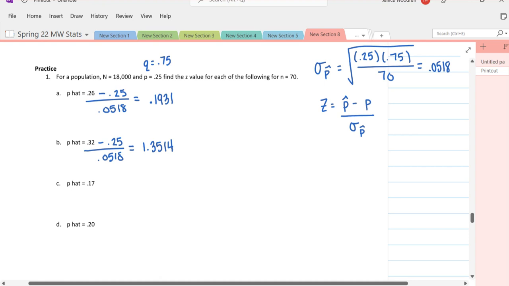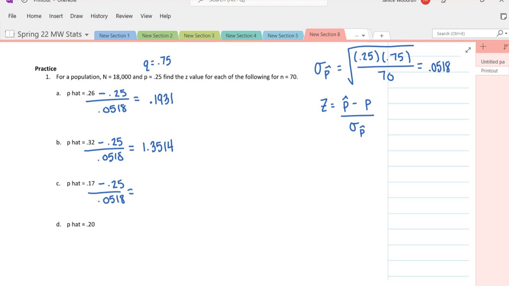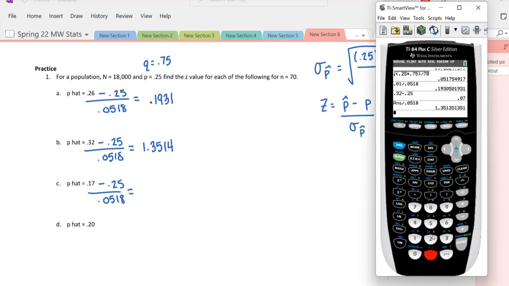Okay, the next one, 0.17. So 0.17 minus 0.25 over 0.0518. That's going to give you negative 1.5444.